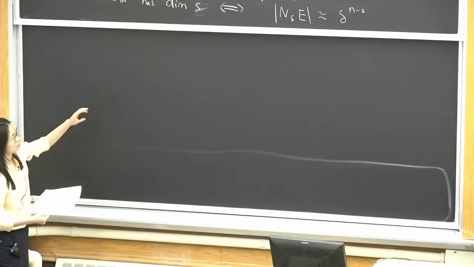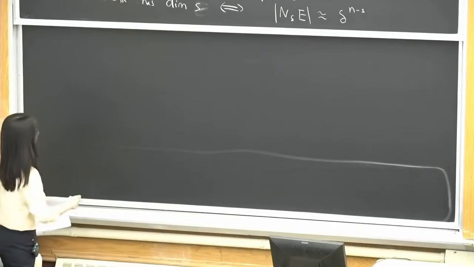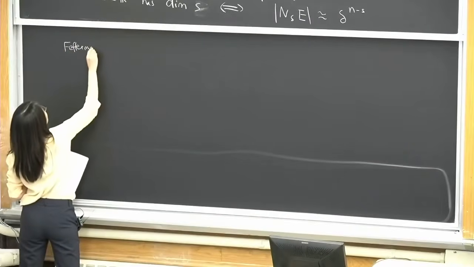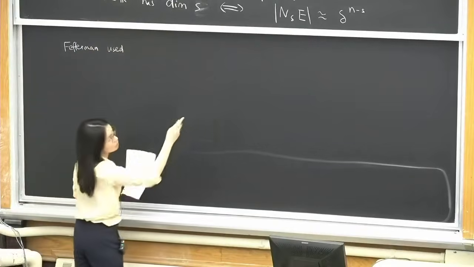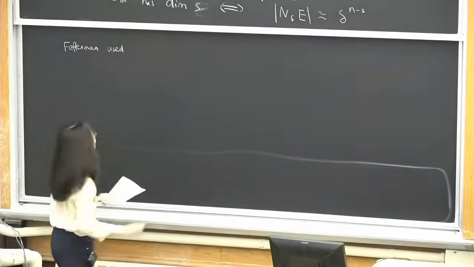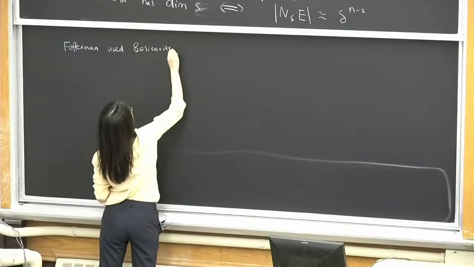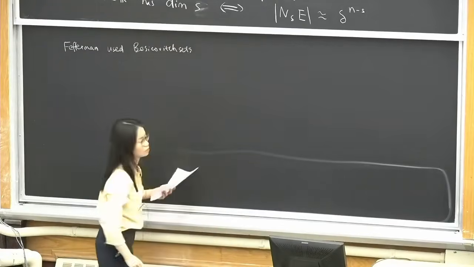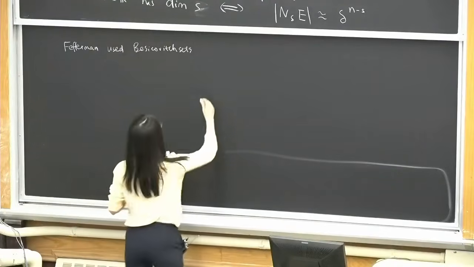And why do we care about this conjecture? So Charles Fefferman used a Kakeya set, the Kakeya set of zero Lebesgue measure, to construct a counterexample to the ball multiplier conjecture.